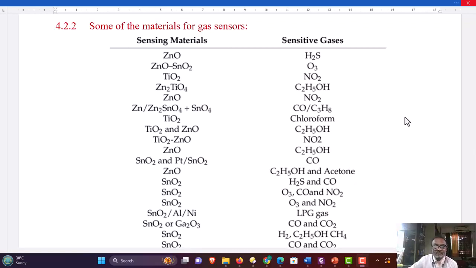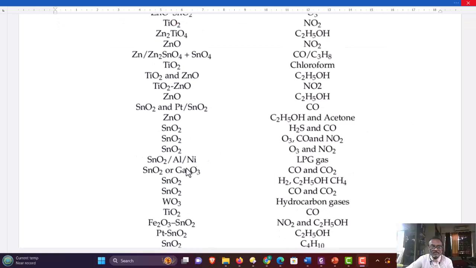For example, ZnO, zinc oxide, is sensitive to H2S gas. ZnO and SnO2 are sensitive to oxygen. Titanium oxide is sensitive to NO2. SnO2 is also sensitive to LPG gas.